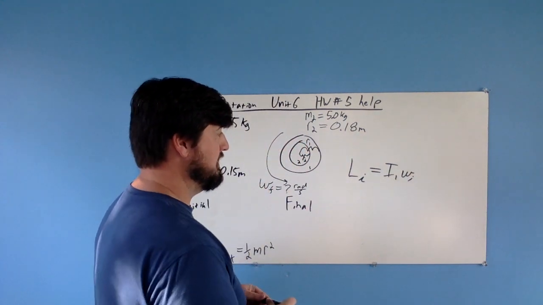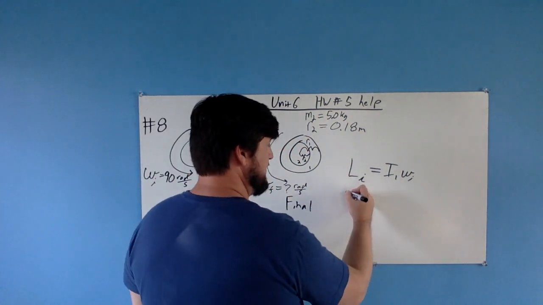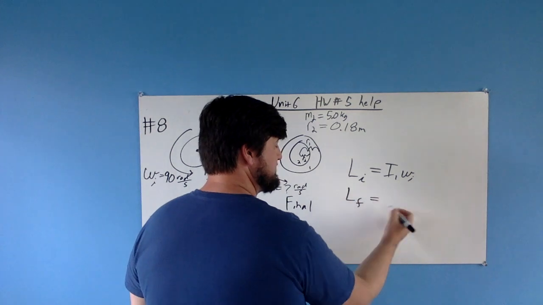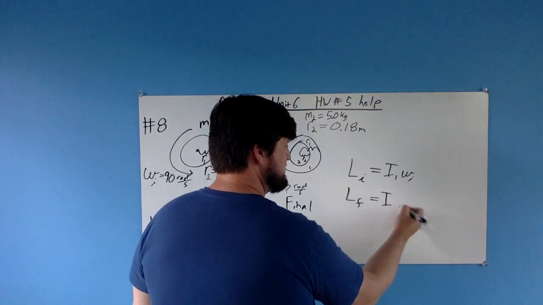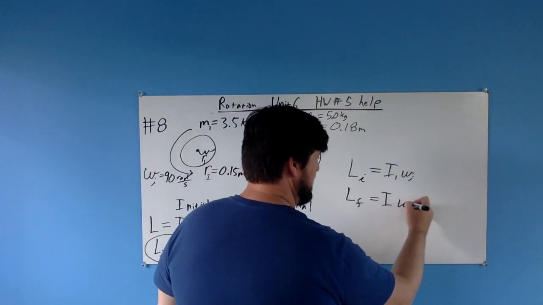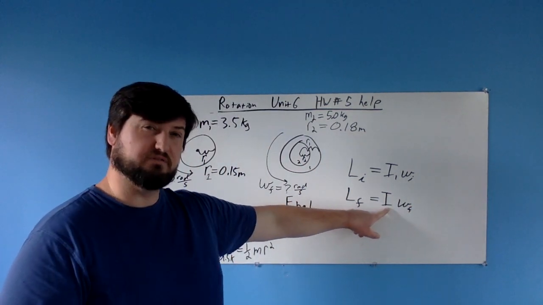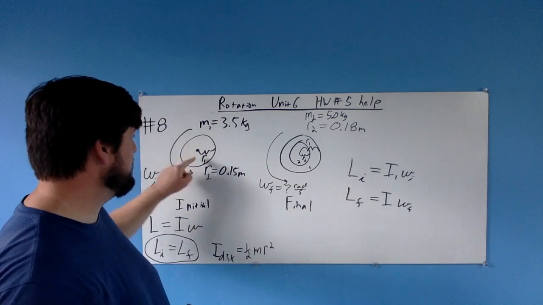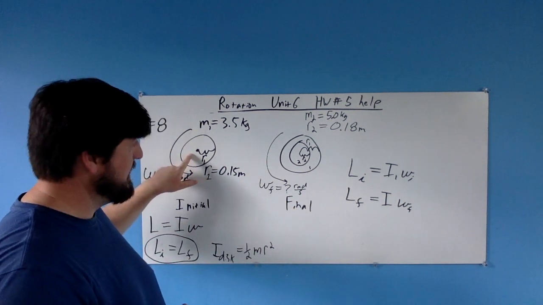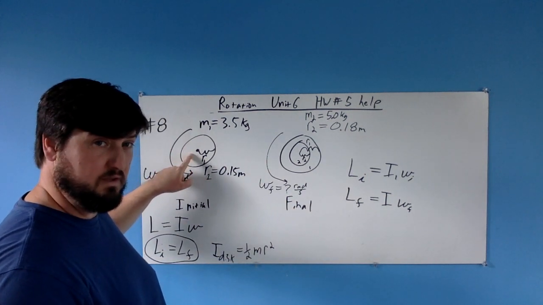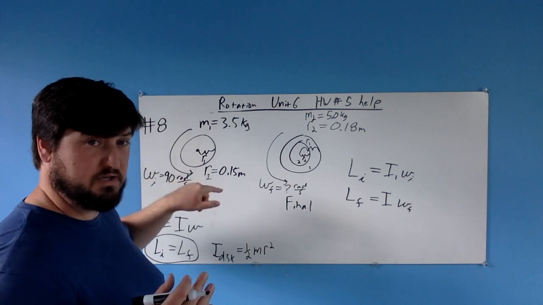And your final has to be equal to, now this is interesting, it's still I omega. We know the omega here is going to be our final. But what about our I? Because we have the I of the original disk, but we just dropped a new one on top, didn't we?